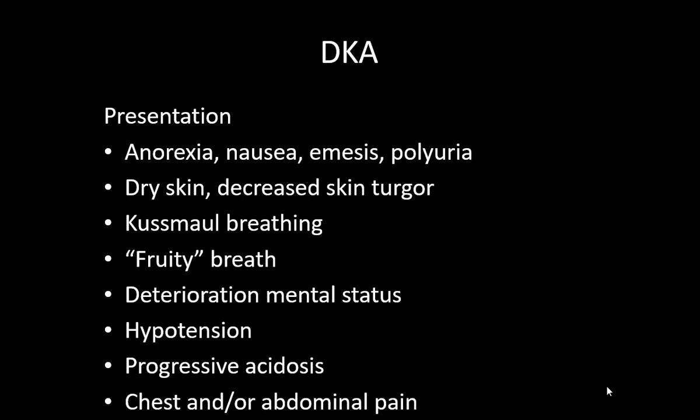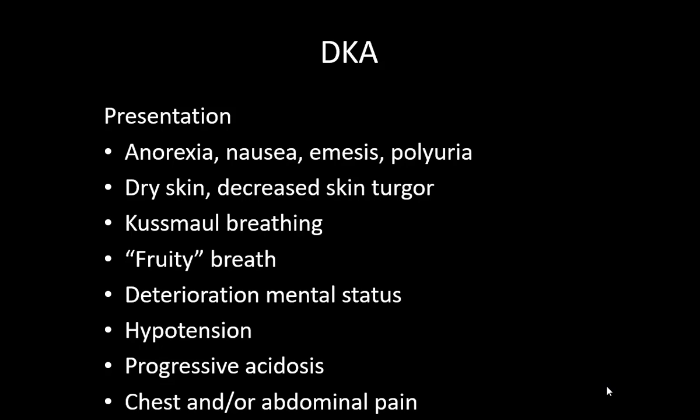So the presentation: patients at a milder stage will have anorexia, nausea, vomiting, polyuria, polydipsia. These are the earlier changes. Then as they start becoming dehydrated, the skin turgor goes down, they have dry skin, the mucous membranes are absolutely dry, they will have rapid breathing and fruity breath; their breath would smell fruity in nature.